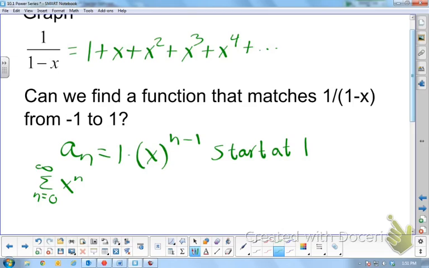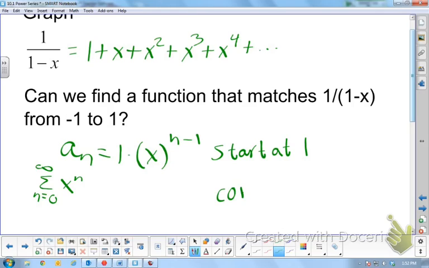What interval does it converge on? How did we know when a geometric series converged? When the absolute value of r was less than 1.